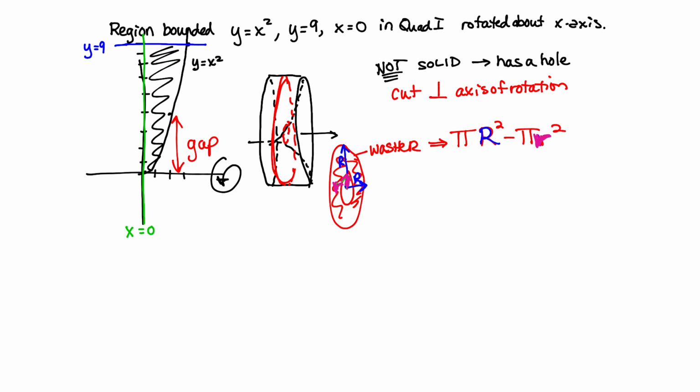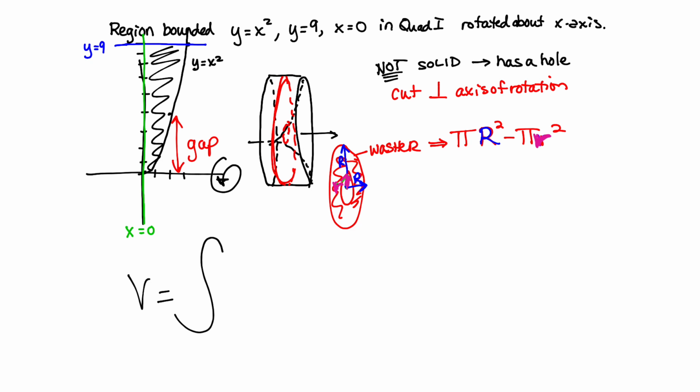First step, because I want to get this problem right and I don't want to lose all credit. I want to make sure I set up my limits first, my bounds. If we are going to go around an x-axis and I am choosing to use the washer method, I am cutting it perpendicular to my axis of rotation, means I'm cutting it perpendicular to the x-axis, and I'm stacking them along the x-axis.